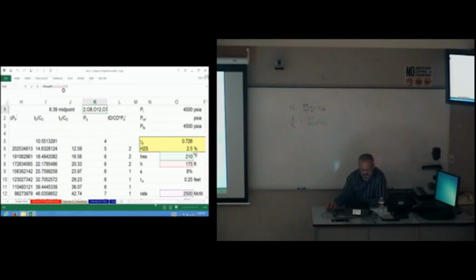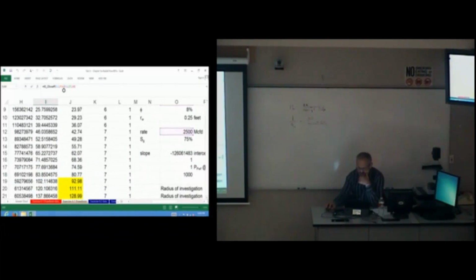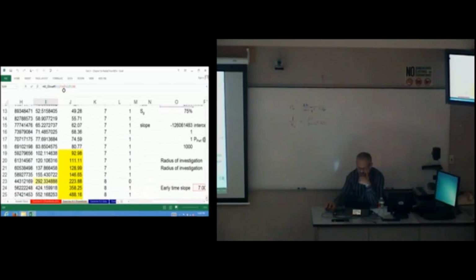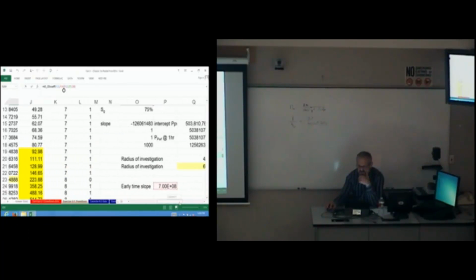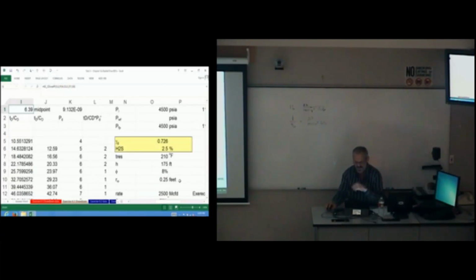Oh, I'm sorry, I'm on the wrong point though. My T sub D match would have been a function of C sub D. And I would have used that early time slope to calculate my T sub D over C sub D coefficient. Early time unit slope for wellbore storage is required for a C sub D calculation.